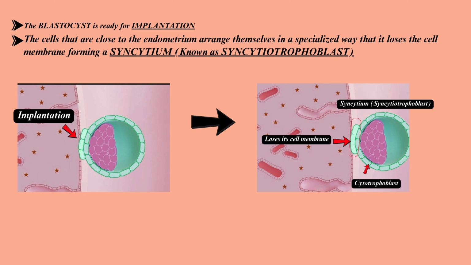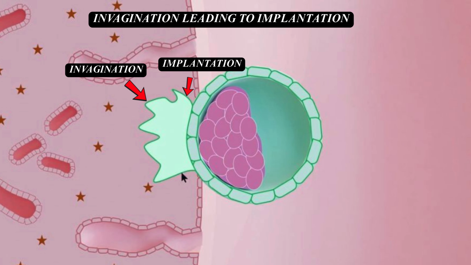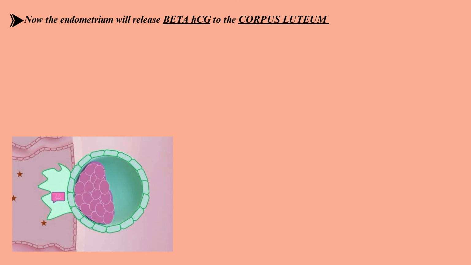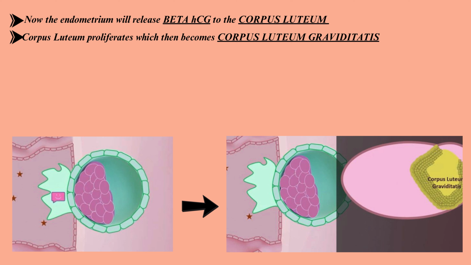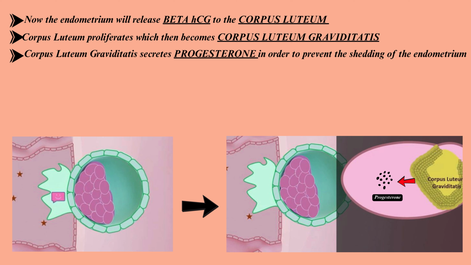And now the syncytiotrophoblast invaginate and results in early implantation. Now this happy endometrium will send a happy message in the form of beta-HCG to the corpus luteum, so that corpus luteum proliferates and it becomes corpus luteum graviditatis, and it secretes a lot of progesterone in order to prevent the shedding of endometrium.